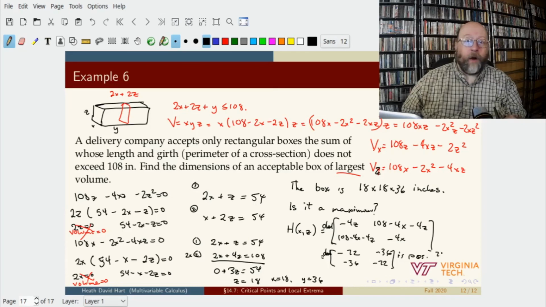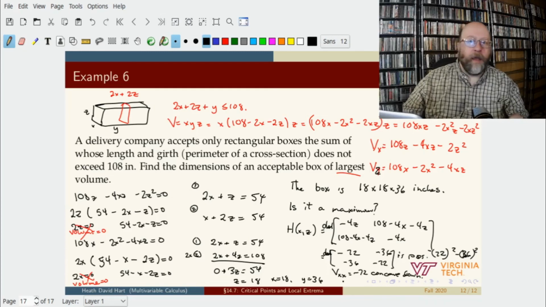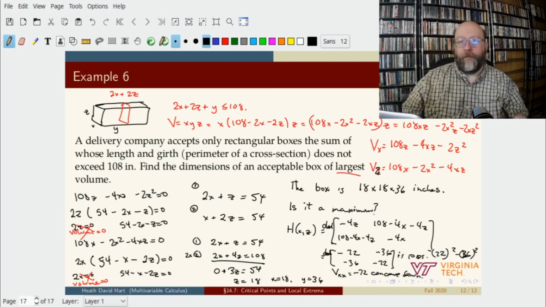I don't want to calculate that out, but it's definitely a positive number. And so this top number here, vxx, because we're looking at volume, is negative 72, which is concave down. And so this point is definitely the local maximum.